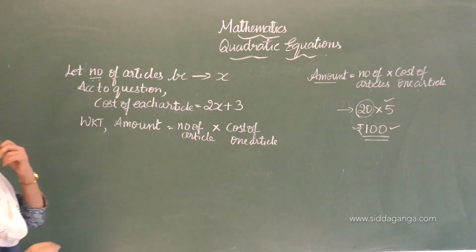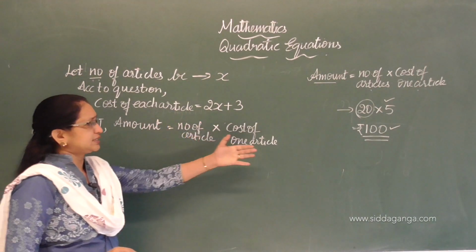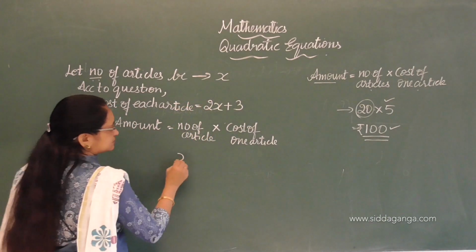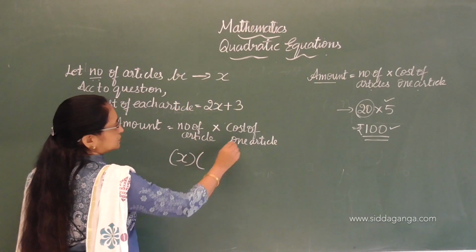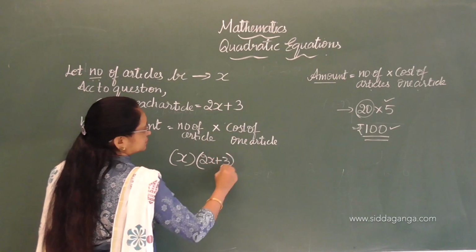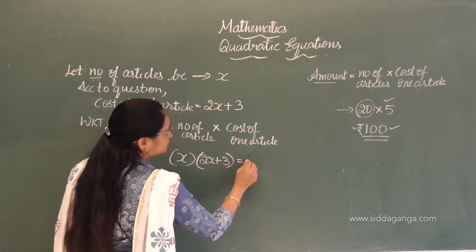Now I hope it is clear. So number of articles is x into cost, 2x plus 3, will be equal to how much?